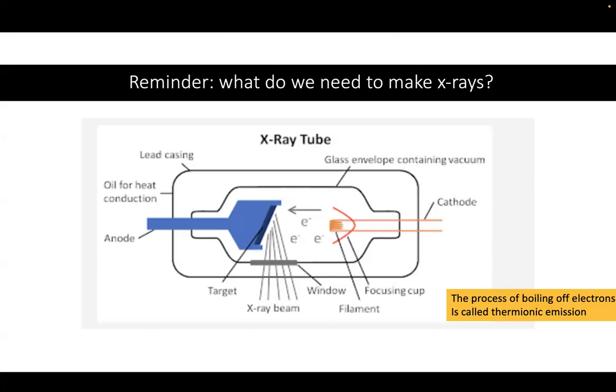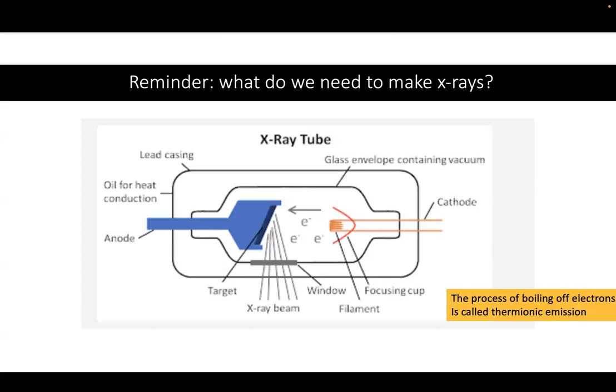So now we have electrons sitting there in a cloud, and how can we move them from the cathode side to the anode side? Well, the way to move them is to apply a voltage. So we apply a voltage, and the electrons will now move from the cathode to the anode.